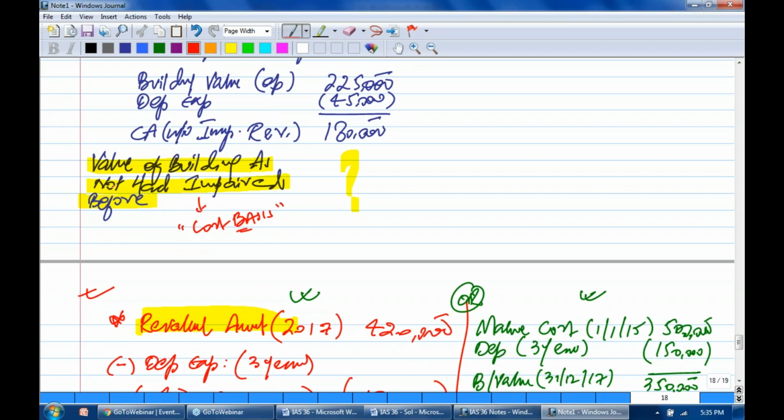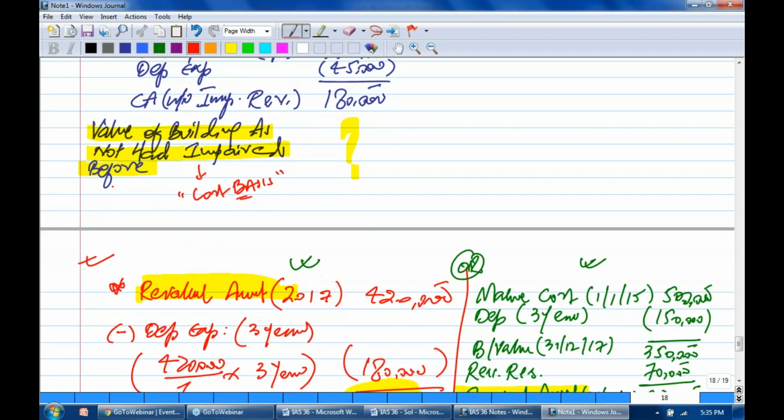Value of building as had not impaired before. Can you please reply me on the WhatsApp? Anyone else?